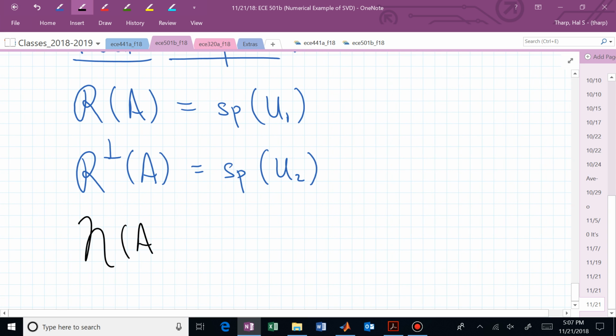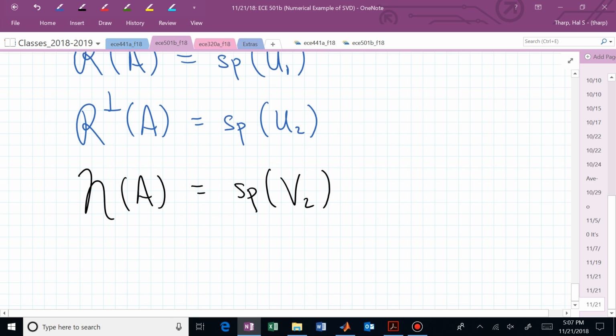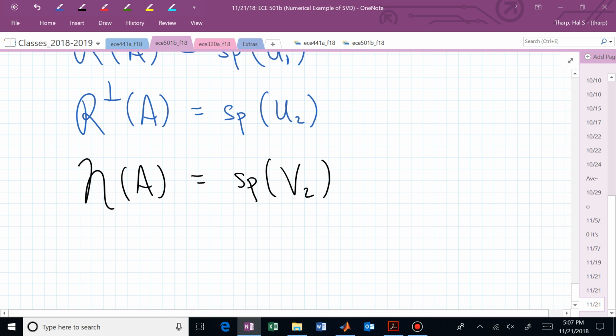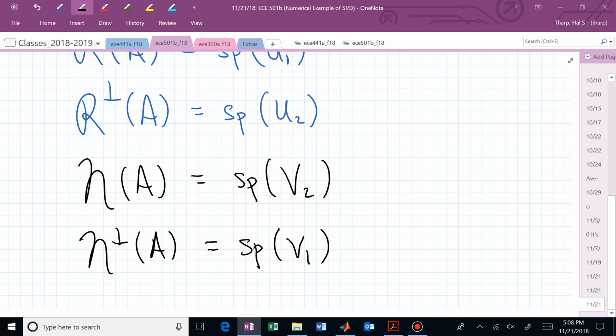Likewise, the null space of A was spanned by the columns in V sub 2, and since the columns in the matrix V were an orthonormal basis, we now have a way of creating basis vectors that span the orthogonal complement to the null space of A, and those are the columns in V1, or that's then equal to the span of V1.